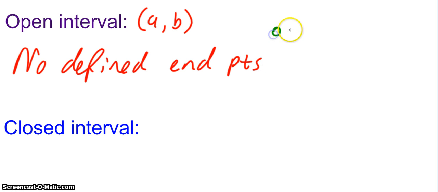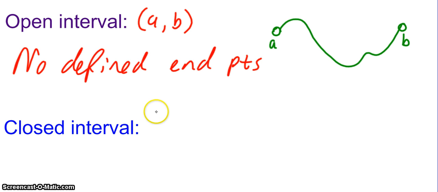An open interval looks something like this, where this is our a and this is our b. Now I do want to point out, an open interval could also be all real numbers. Negative infinity to infinity is an open interval because negative infinity and infinity are not actual values that we can get to. Then a closed interval is when we have the brackets, so we're including the endpoints.